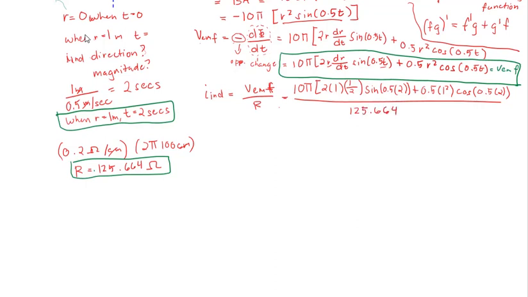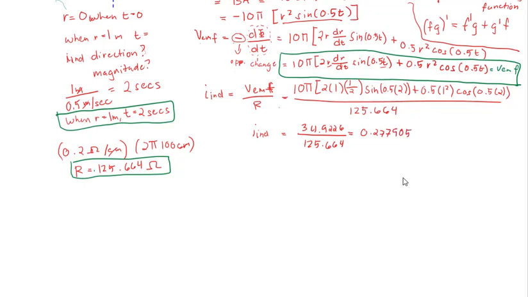125.664. The value I got for the top is 34.89226. That's divided by 125.664. And the value I got is 0.277905.